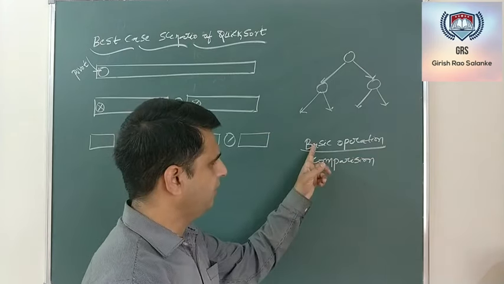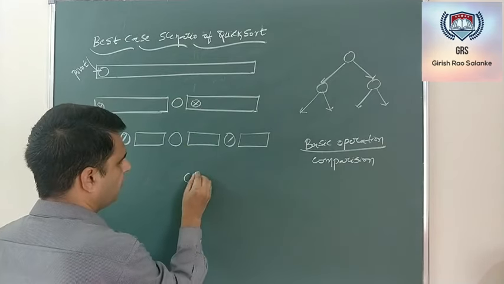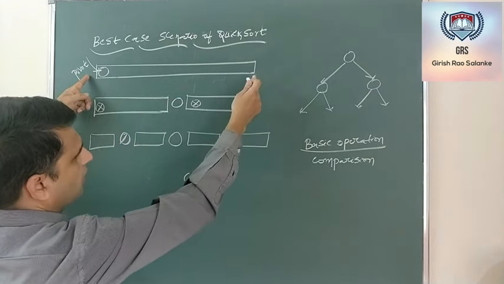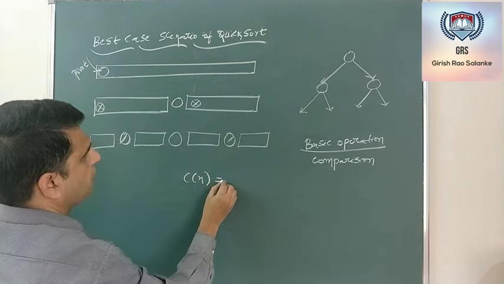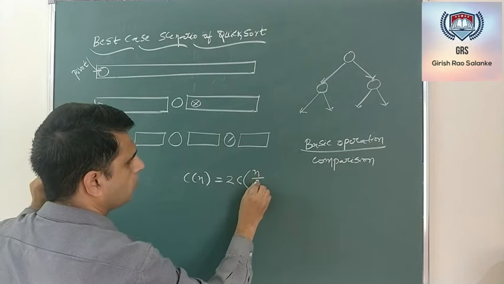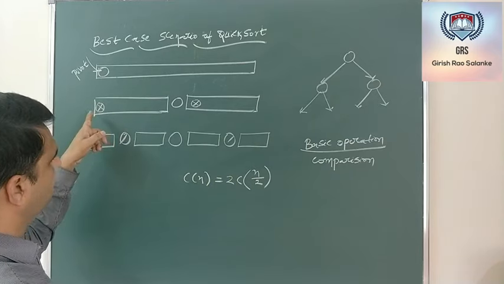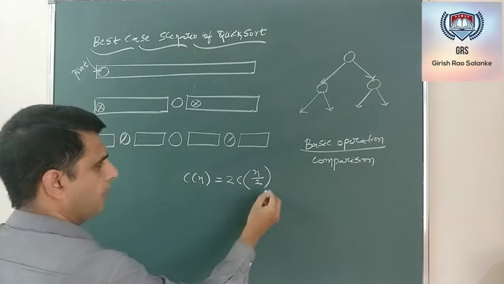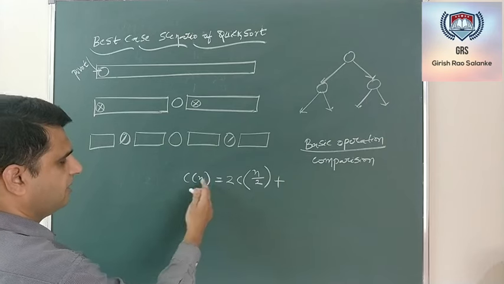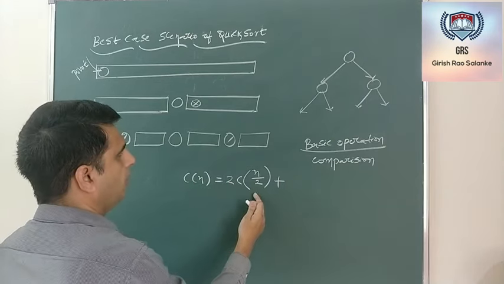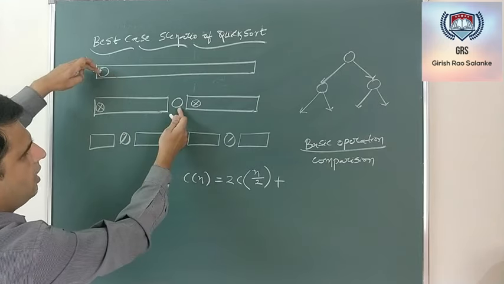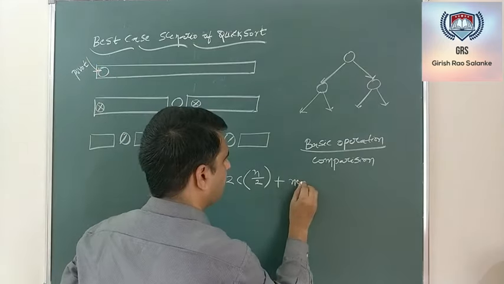Now if C of n denotes the total number of comparisons in order to sort n elements, I can express C of n as 2C of n by 2 plus the number of comparisons that I am doing in order to put this pivot element in the middle position.